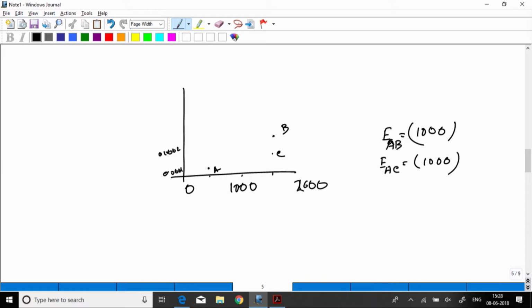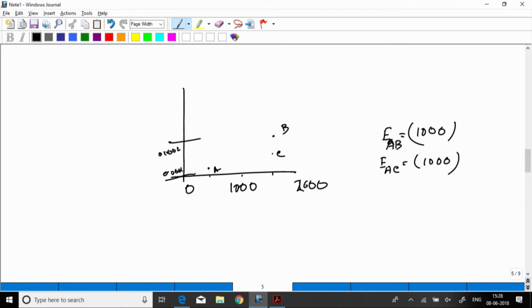But maybe this difference is actually much larger, because your data set is ranged from this to this, and it is already half of the distance between A and B and between A and C. So you should give some weightage to this axis also.